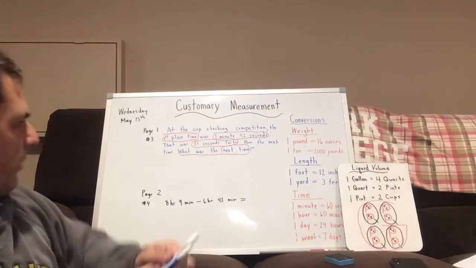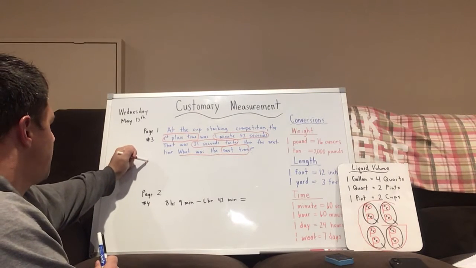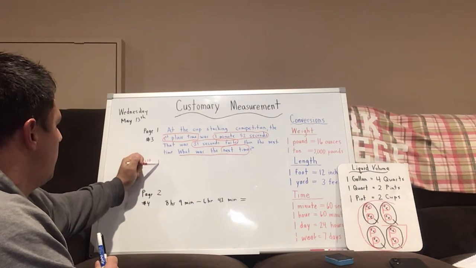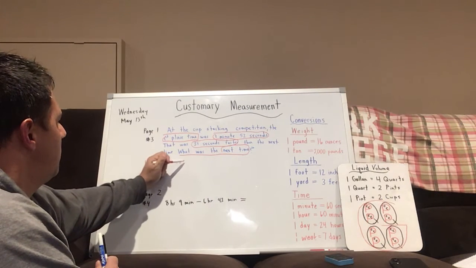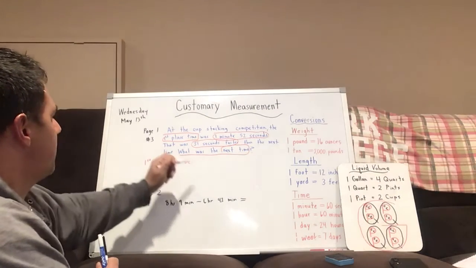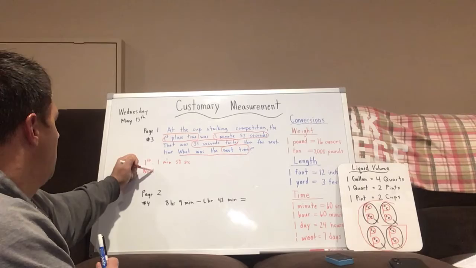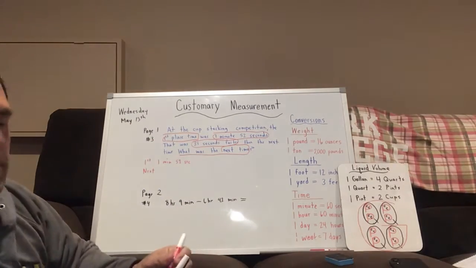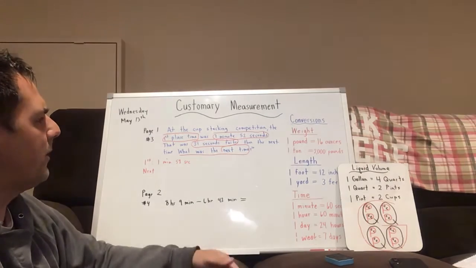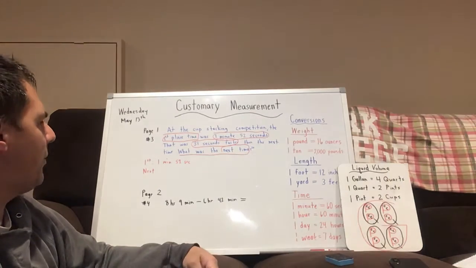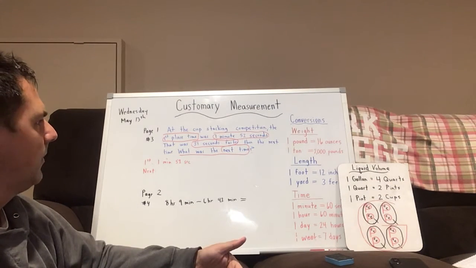In order to figure this one out, first I'm going to organize my data: 1 minute 52 seconds, and we're looking for the next. If I'm thinking about a competition, if the first place team was 1 minute 52 seconds, the second place team would actually have to be longer than that.